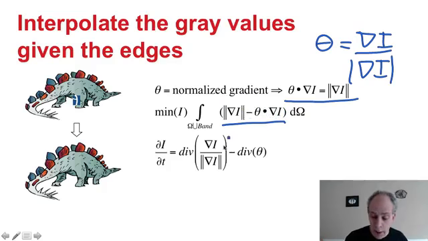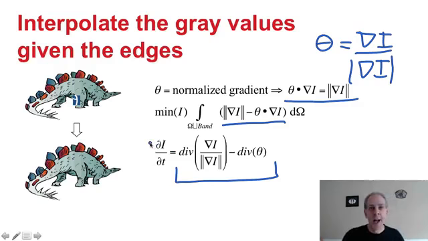The Euler Lagrange of this is what we have here. That's the Euler Lagrange of this equation. And as we have seen many times, we deform the image in time according to the Euler Lagrange, and then we go to steady state.